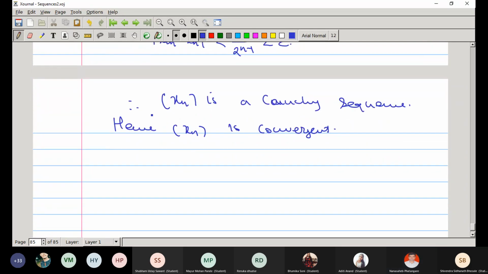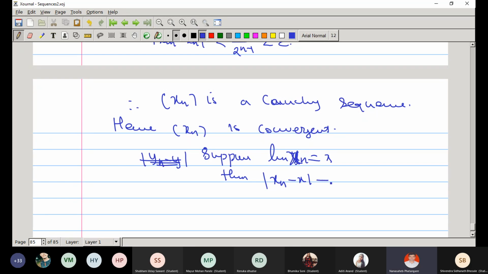So you can think about yn minus y. Suppose the limit of xn is x, then you check that xn minus x is tending to 0.